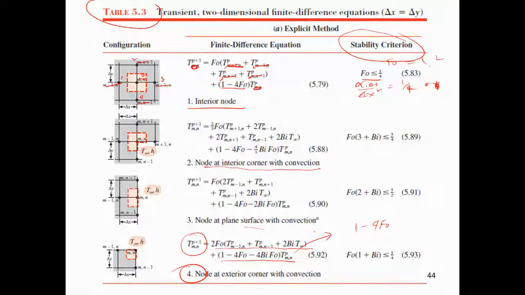So 1 minus 4 F0, 1 minus F0, only this term, 1 minus 4 F0 minus 4 beta I F0, so 1 minus 4 F0 (1 plus beta I).